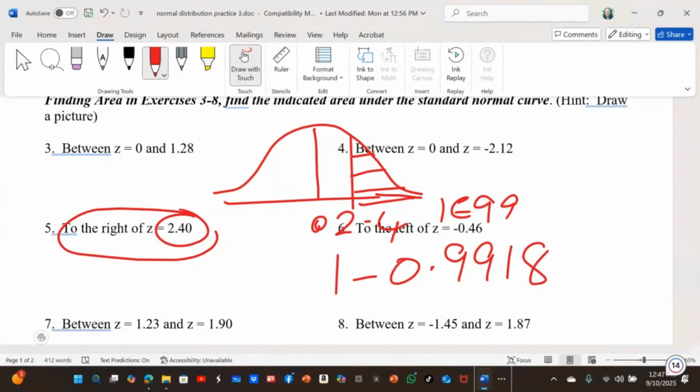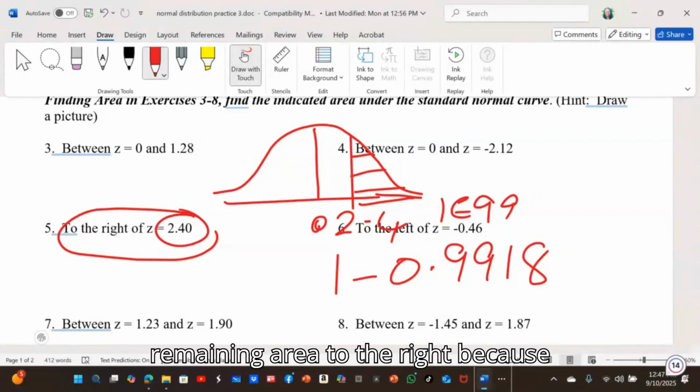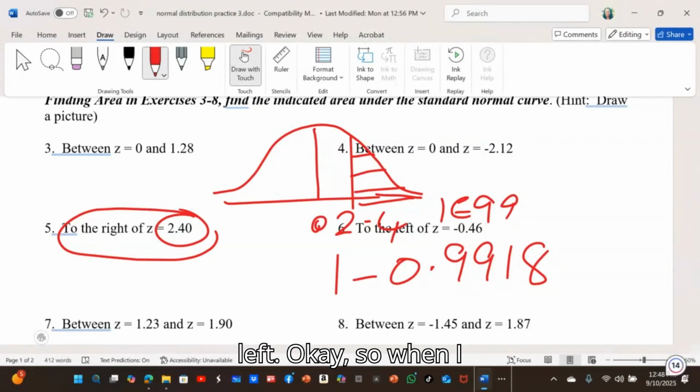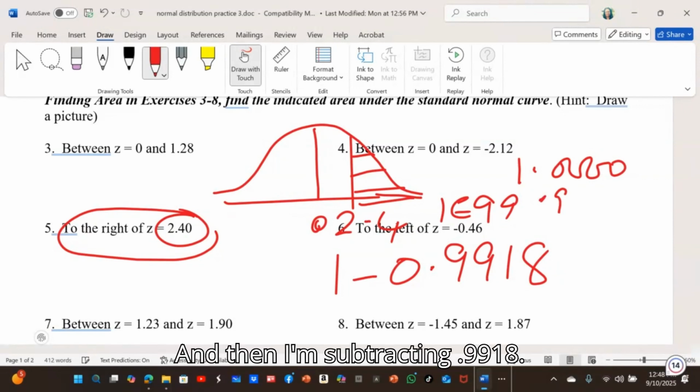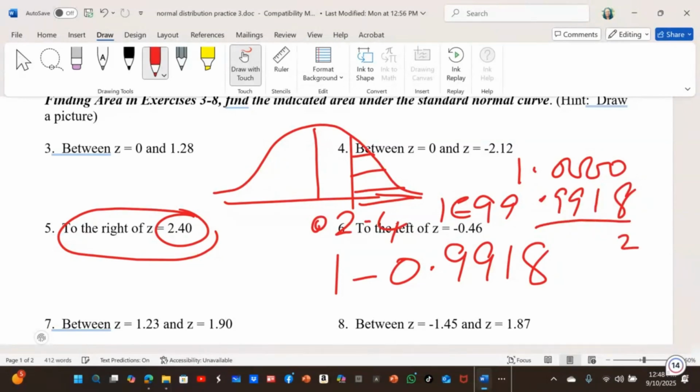So my answer will give me the remaining area to the right, because the chart reads area to the left. Okay, so when I subtract, I have 1.0000, and then I'm subtracting 0.9918.